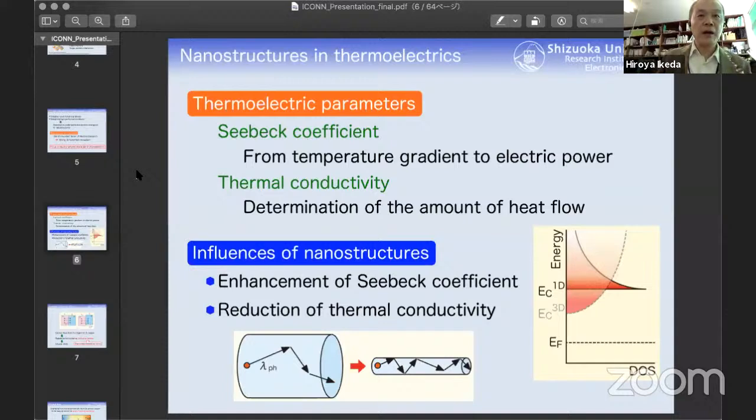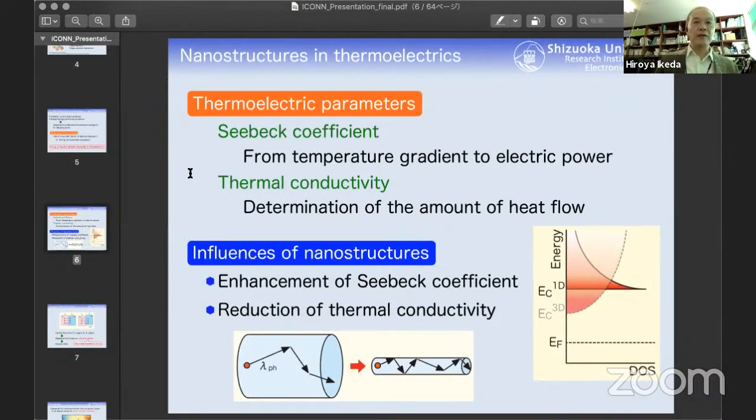About thermoelectric parameters, here I will talk mainly about the Seebeck coefficient. This plays the role of transferring a temperature gradient to electric power. One more important parameter is the thermal conductivity of the materials, which determines the amount of heat flow.